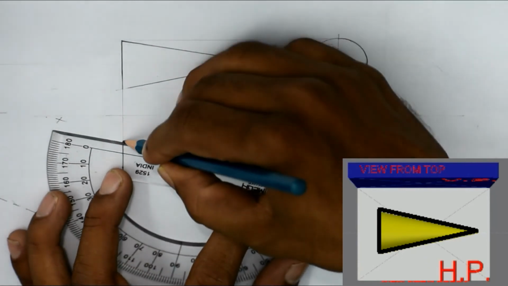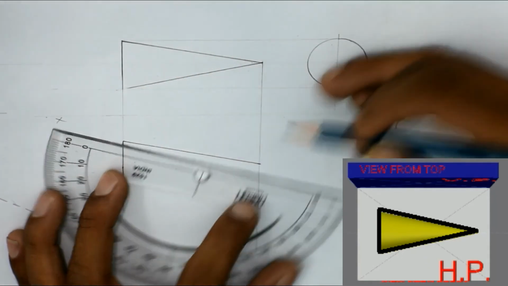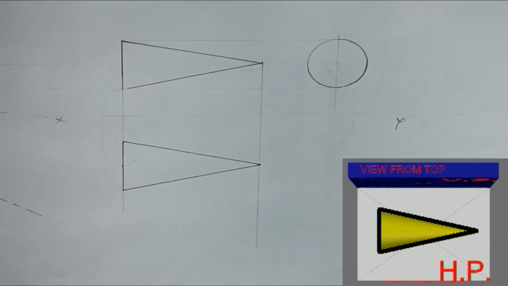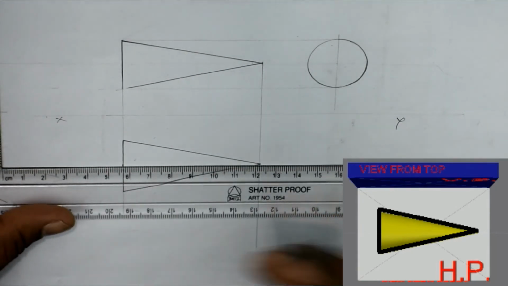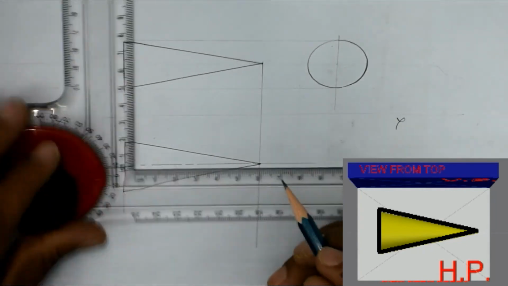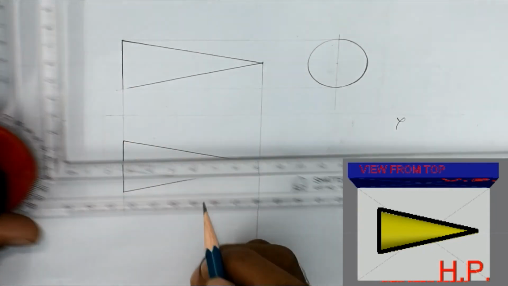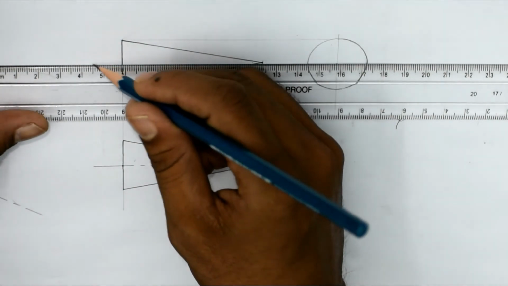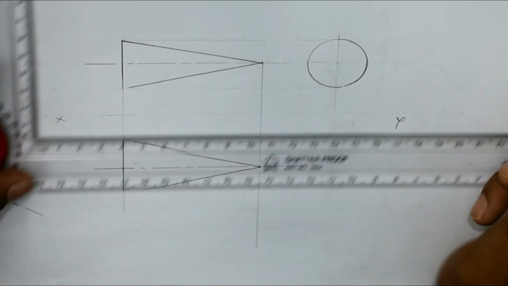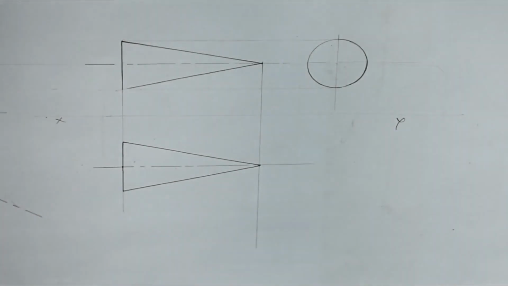This is quite easy. We did not take anything else. We are just completing our top view. See that this axis and the XY line is 30 mm distance. And this axis is also 30 mm away from it.